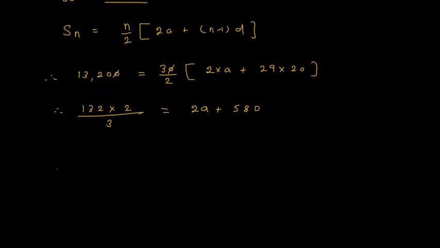So with 3 we will cancel. Now 3 4s are 12, so 44 into 2 is equal to 2a plus 580. So therefore 2a, we will say that 2a is equal to 88 minus 580. Something wrong I am doing, I think.